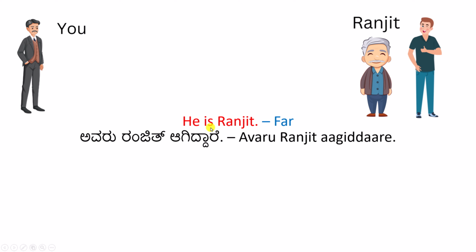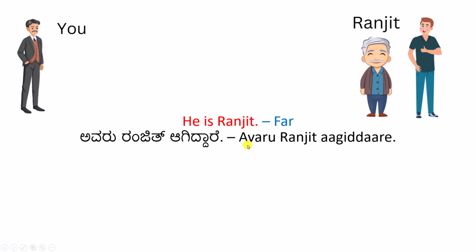ಆಗಿದ್ದಾರೆ is. We have selected avaru for he because Ranjit is far away from you, and also Ranjit is a stranger to you, or he may be older than you. So when you want to pay respect and say he is Ranjit, you will have to select avaru and ಆಗಿದ್ದಾರೆ.